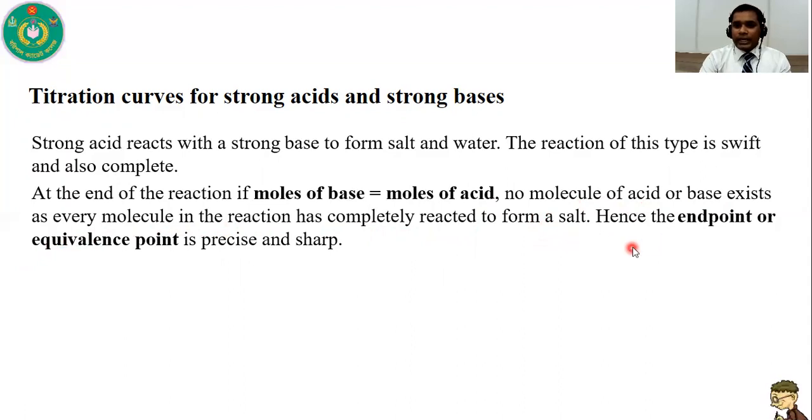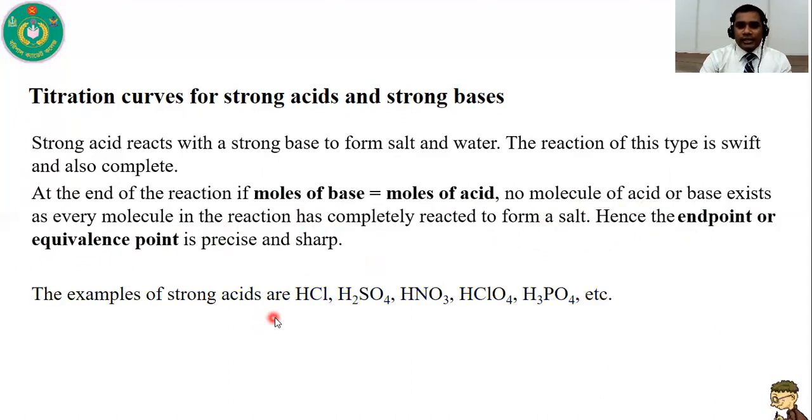Hence the end point or equivalence point is precise and sharp. So in the case of strong acids and strong bases, if we use equimolar amounts of base and acid, they react and are completely converted into salt, and in that case the end point is precise and sharp.